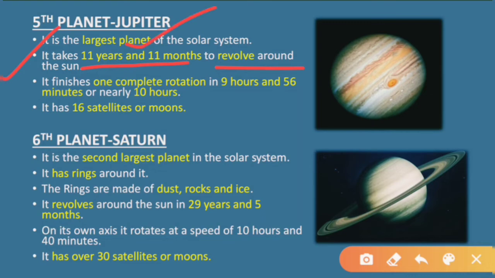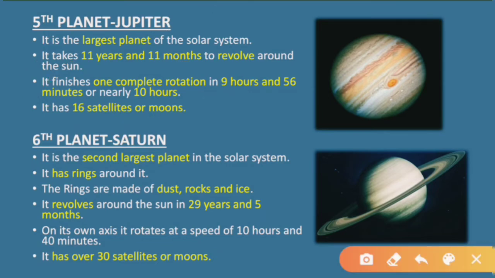It finishes one complete rotation in 9 hours and 56 minutes, meaning it rotates in its own place in 9 hours and 56 minutes. Next, it has 16 satellites or moons. How many satellites or moons are there in Jupiter? There are a total of 16.